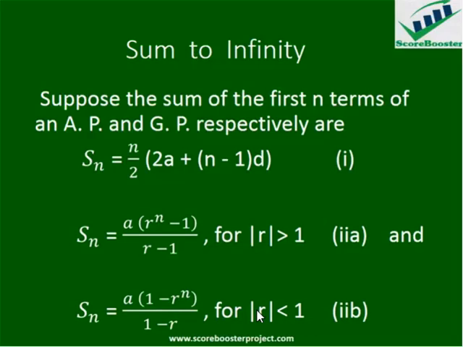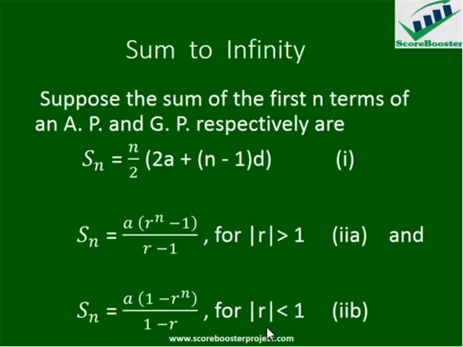So we can see that the two statements can be combined. The first one says r is less than 1. The second one says r is greater than -1. So we can see that -1 is less than r, but r is less than 1. So this particular statement can be written as -1 less than r less than 1.